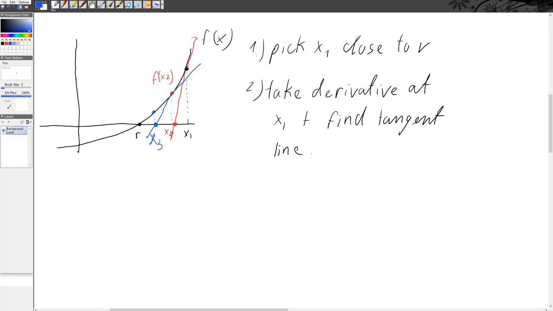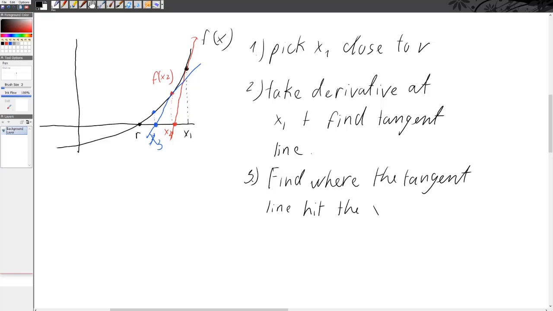Find the tangent line, see where it hit the x-axis, and then go back and find the new tangent line. So 3. Find where the tangent line hit the x-axis and repeat step 1.